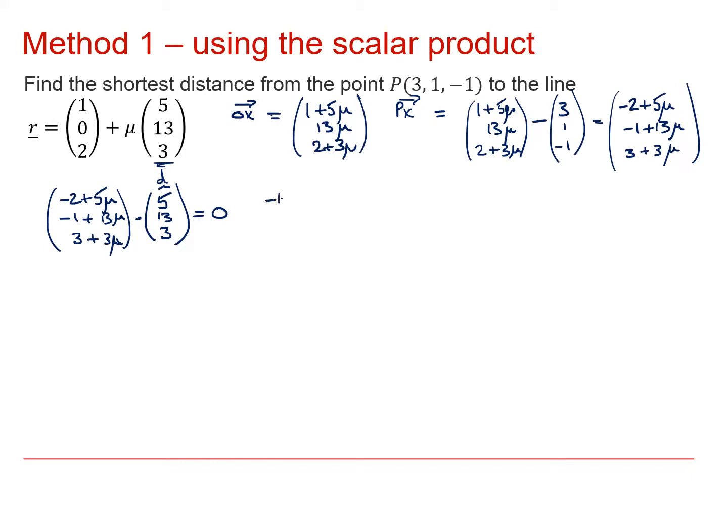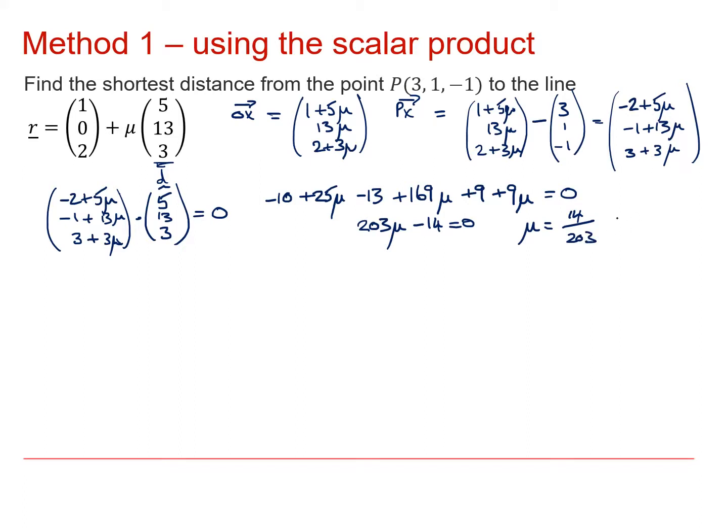I shall get minus 10 plus 25 mu from the first bit, minus 13 plus 169 mu from the second bit, plus 9 plus 9 mu from the third bit, and I want all of that to be equal to 0. If I collect this together, I get that 203 mu minus 14 is equal to 0, which means that mu is equal to 14 over 203, which actually cancels down to 2 over 29.